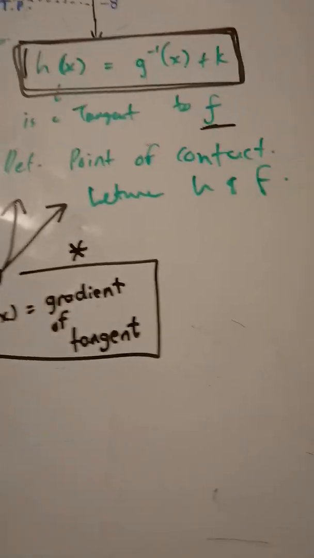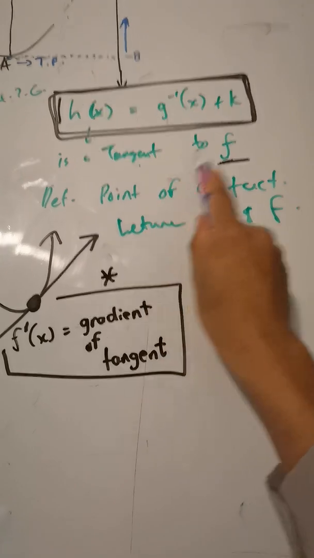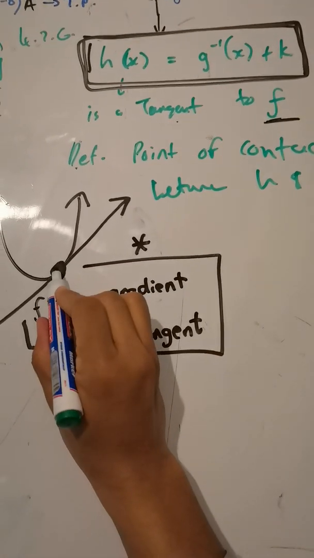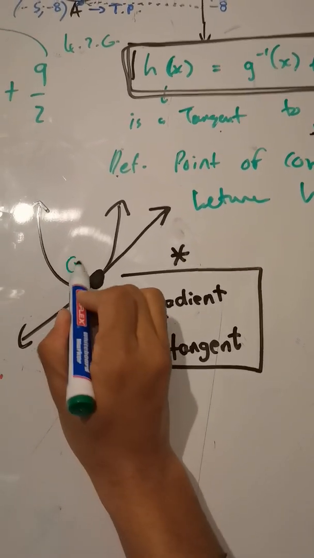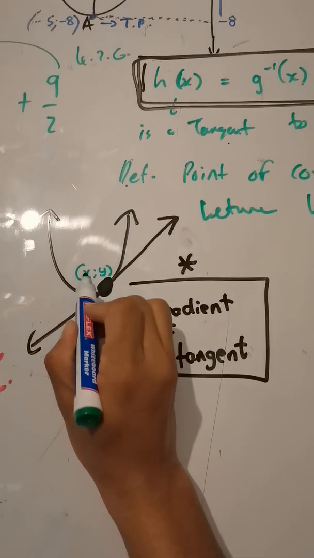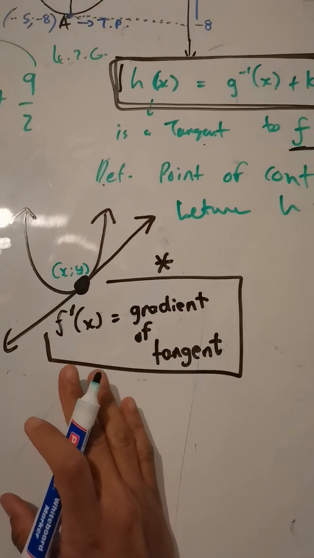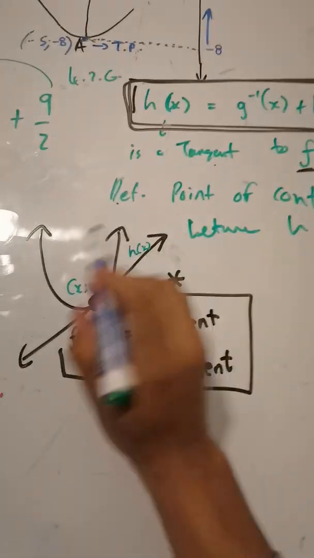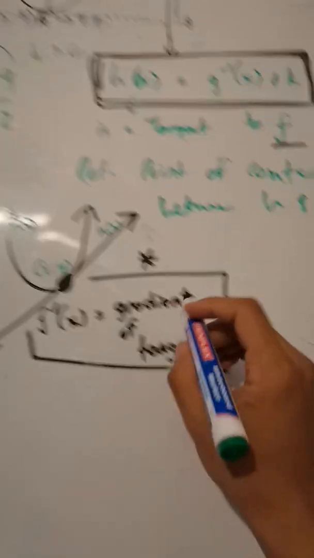Okay, so in this question, they say this is the formula of the tangent to f, and they say determine the point of contact. This point of contact is that point over there that has coordinates x and y. We don't know what x is, we don't know what y is, but we have to now get x and y. So this is h of x, and this is f of x, which is the parabola.